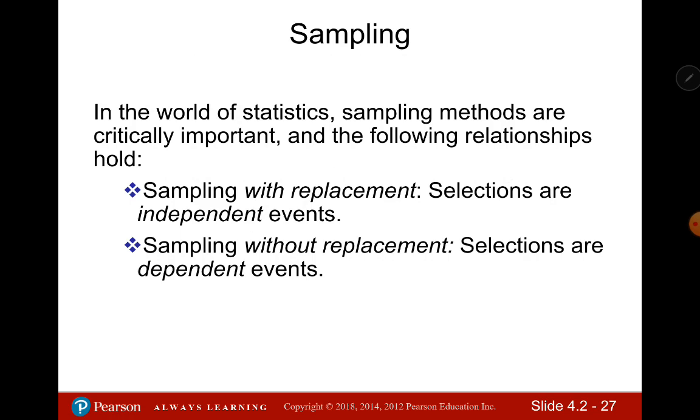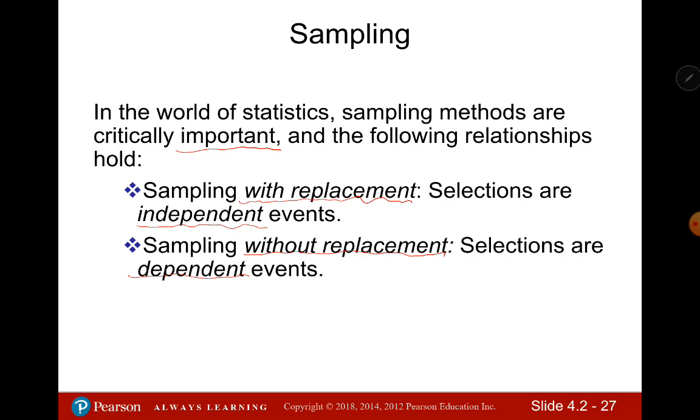So when we talk about statistics, sampling method is very important, right? And we can see that if the sampling is with replacement, then all of the selections are independent. But if without replacement, the selections will be dependent on each other.